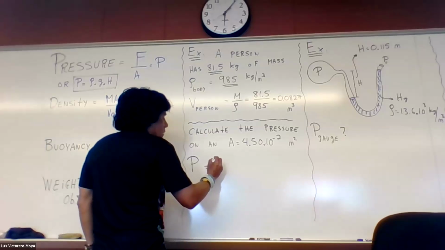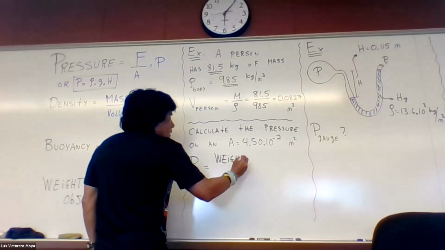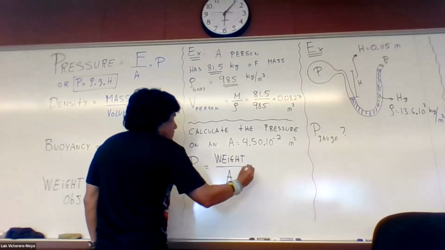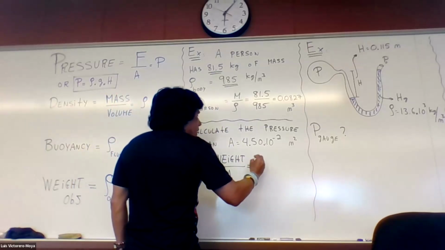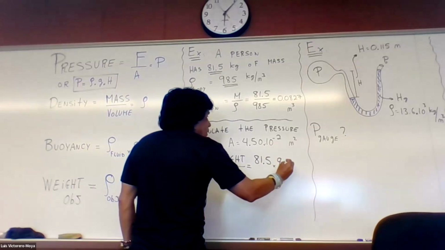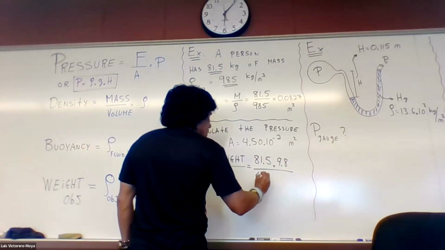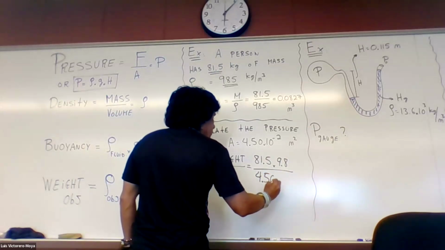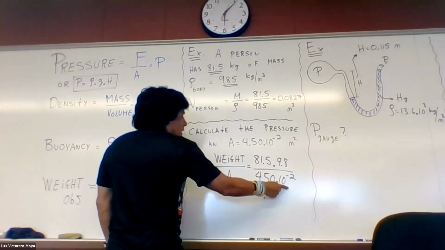So the pressure here will be the weight, that's the force, divided by the area. The weight is 81.5 times 9.8, divided by the area, 4.50 times 10 to the negative 2 meter square.